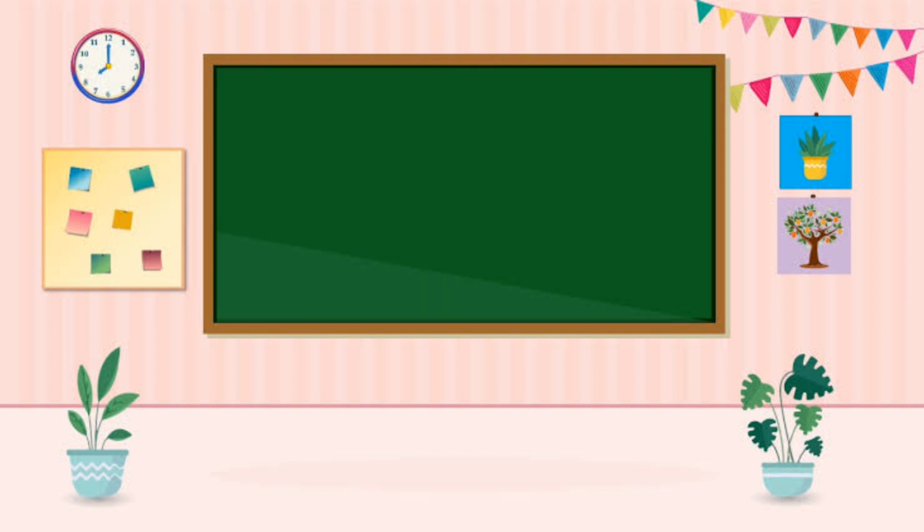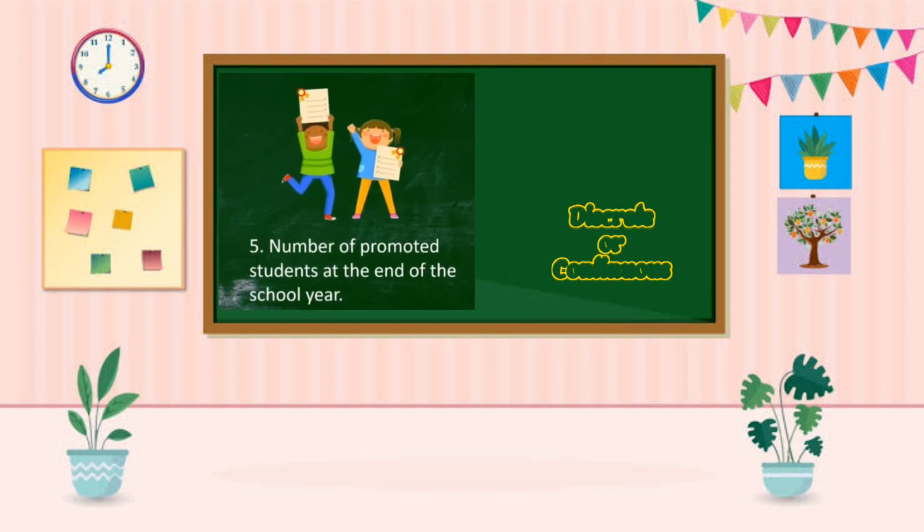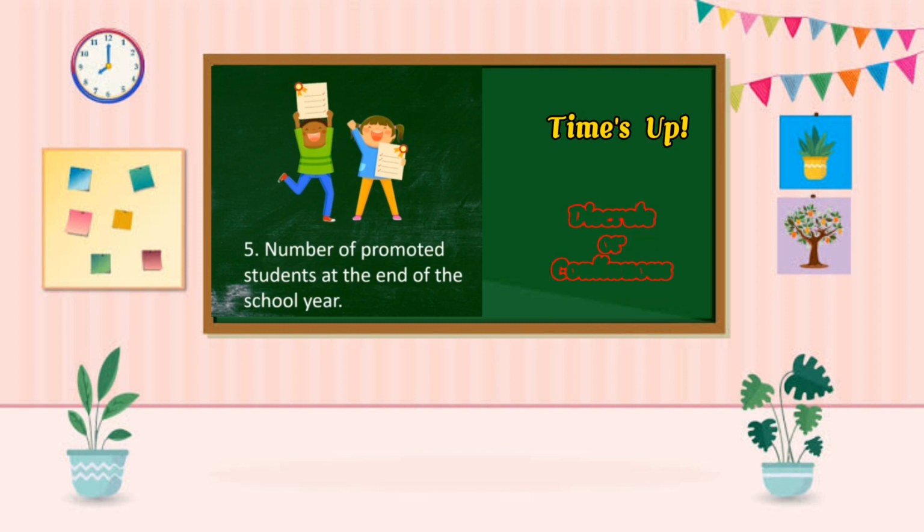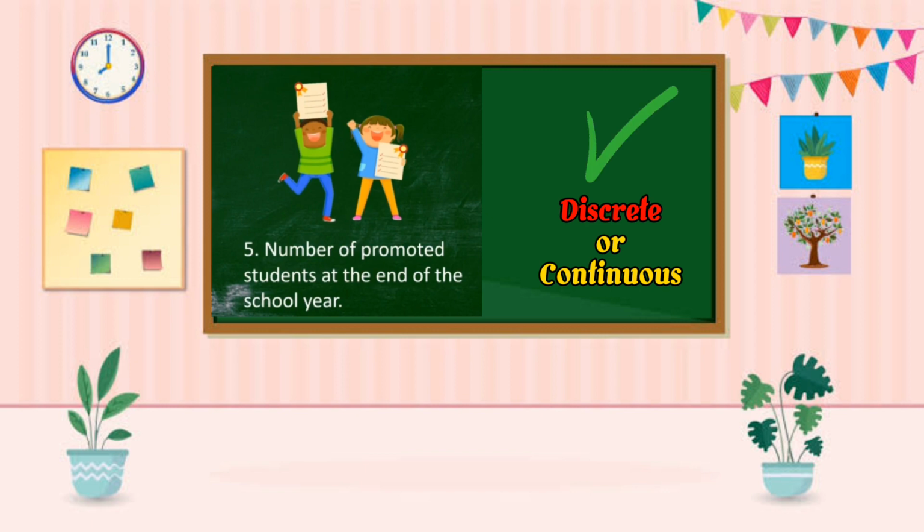Item number 5. The number of promoted students at the end of the school year. Is it continuous or discrete? If your answer is discrete, then your answer is correct. The number of promoted students is a countable amount.